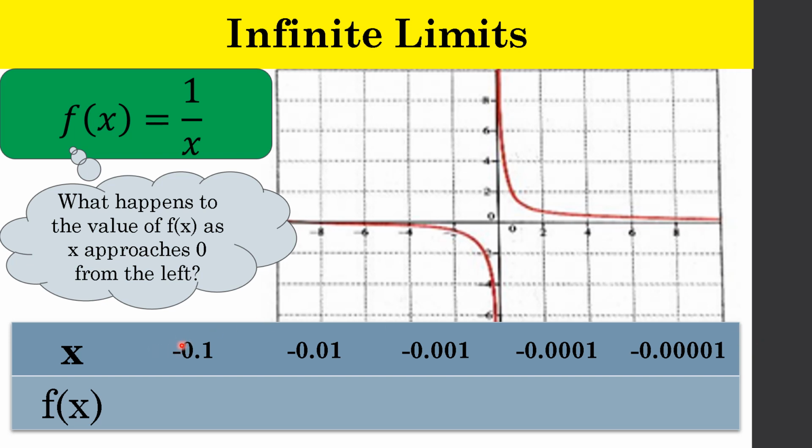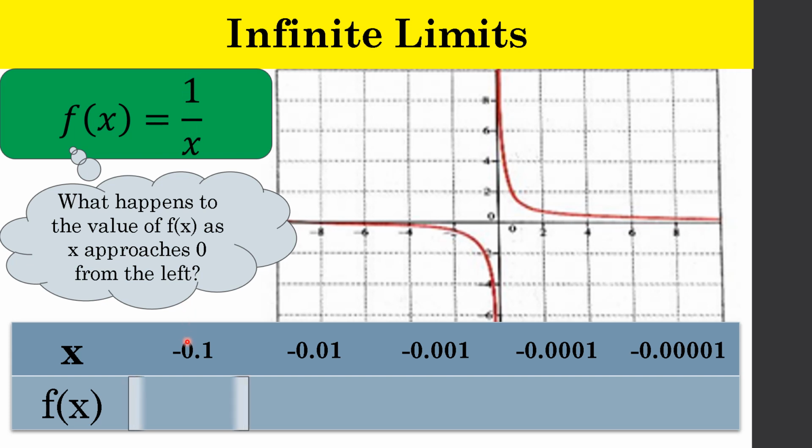So ibig sabihin, our x increases until it reaches 0. So define the value of your f of x. Lahat ng ibinigay nating value for your x, papalitan lang sa expression nito. So let's say for example, if your x is negative 0.1, define the value of f of x, that is simply 1 over negative 0.1.